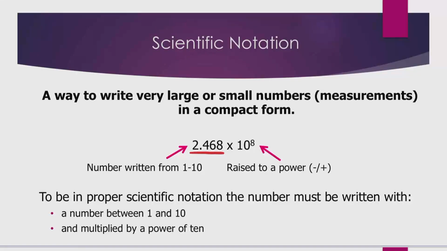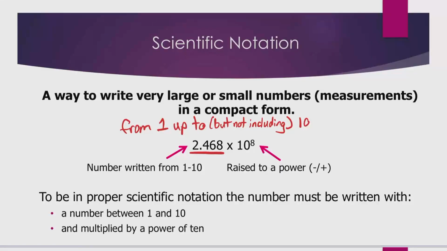This is always going to be a number that's between 1 and 10. So it's from 1 up to, but not including, 10. That's the first number. It can be as small as 1, can't be smaller than 1. It can go up to, but not including 10.